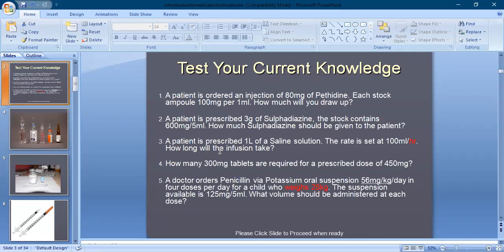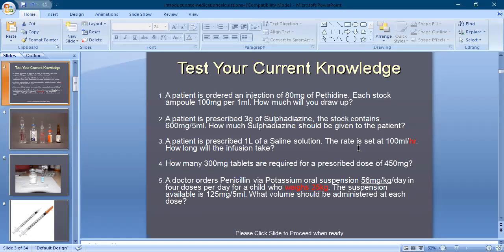A patient is prescribed 1 liter of saline solution. A liter is big, so you have to convert it to the smaller milliliter. 1 liter equals 1000 milliliters. So the doctor prescribed 1000 milliliters.